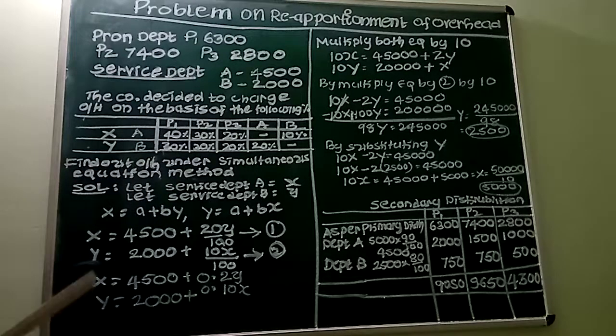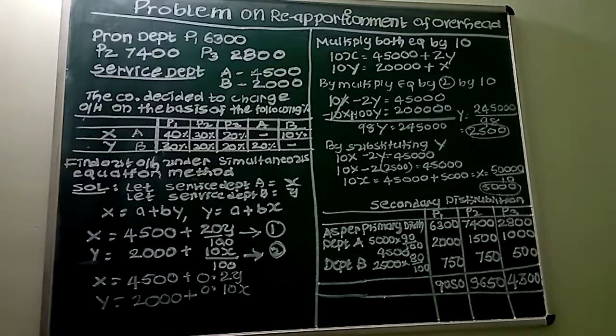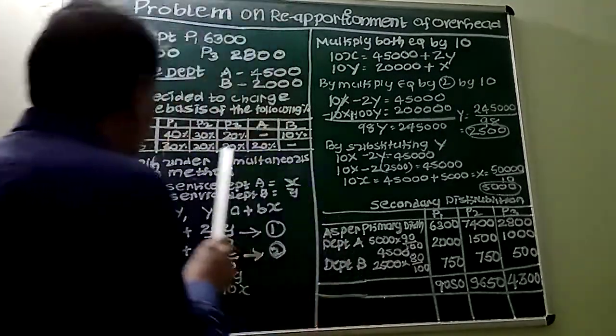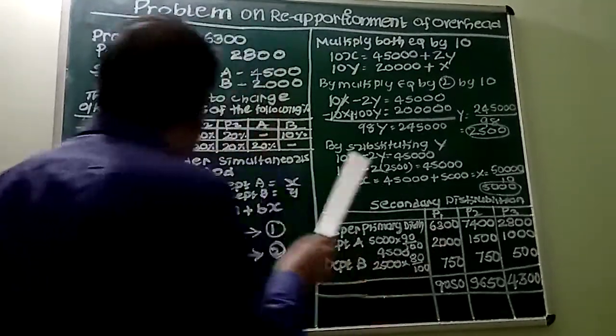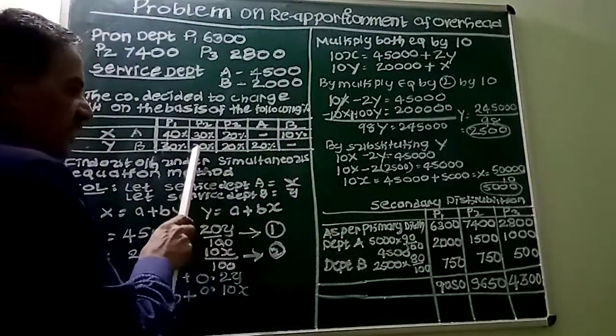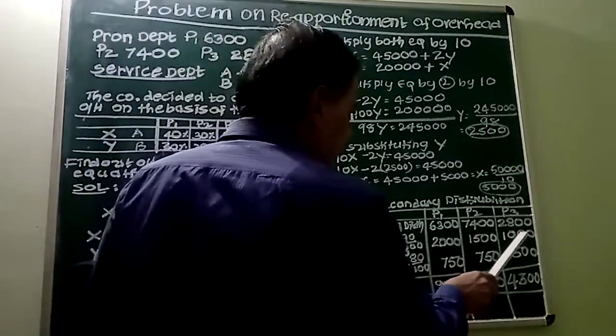Don't take percentages, take the ratio 4 is to 3 is to 2. So 4,500 into 4 by 9, 4,500 into 3 by 9, 4,500 into 2 by 9. That is 2,000, 1,500 and 1,000.